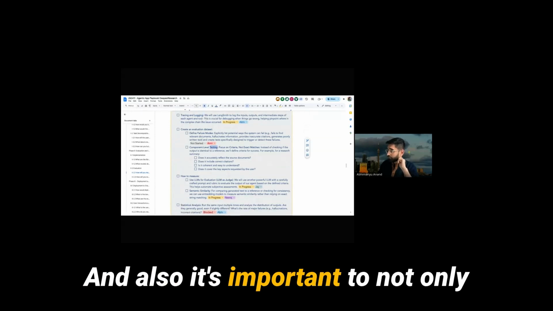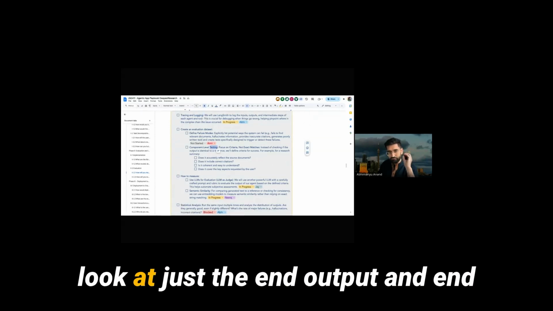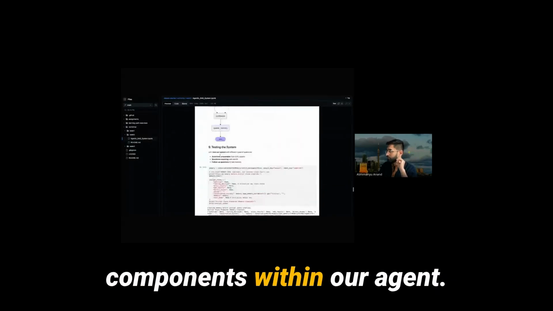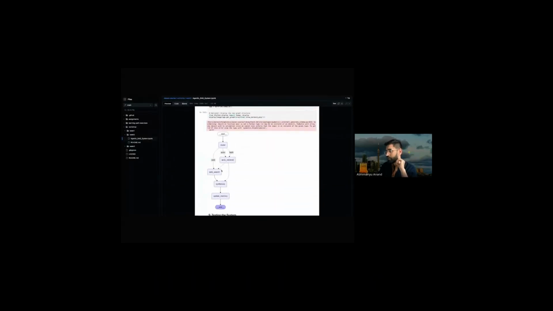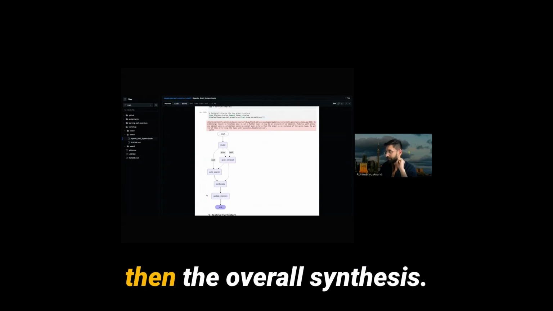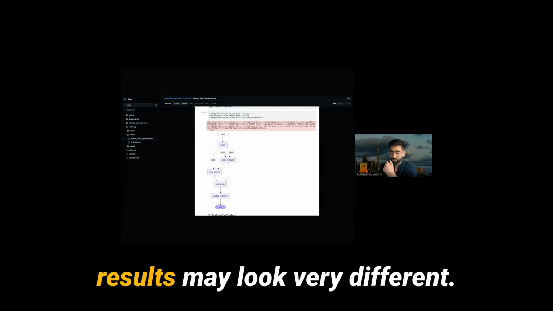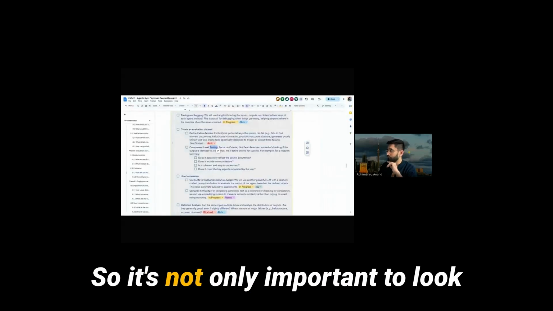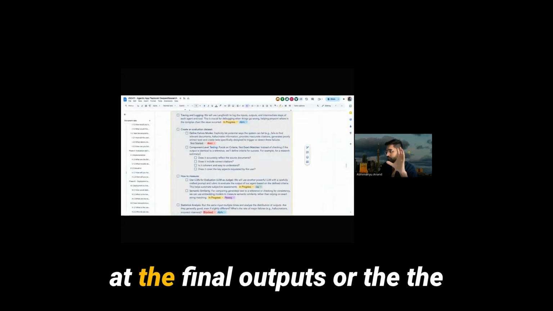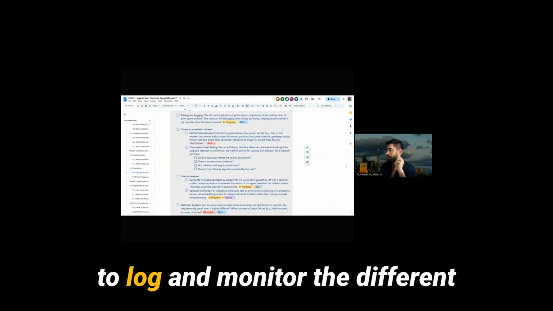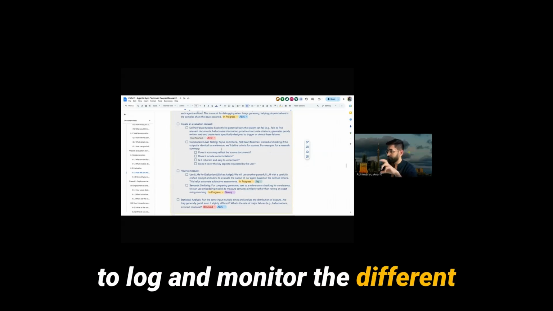It's also important to not only look at the end output or end results, because there are multiple components within our agent: the router, web research, retrieval, and then the overall synthesis. Any of these components can go wrong, and then your results may look very different. So it's important not only to log the final outputs and inputs, but also to log and monitor the different components that we have.